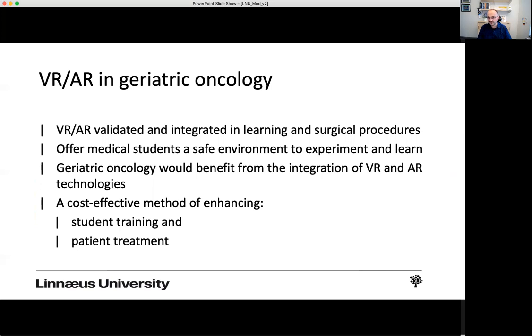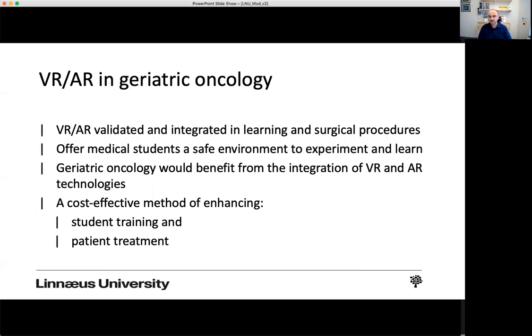And of course, it's a means to offer medical students a very safe environment to experiment and learn without any side effects, and also to boost their confidence, so that when they get into the real world, they are more prepared to conduct these processes.